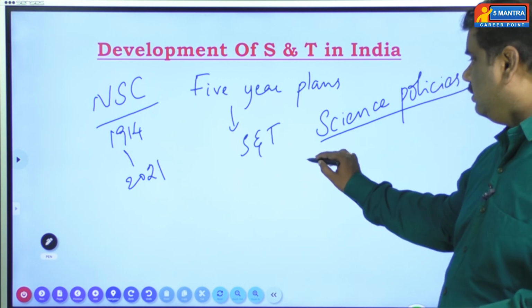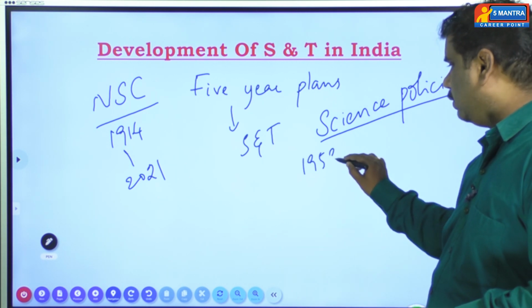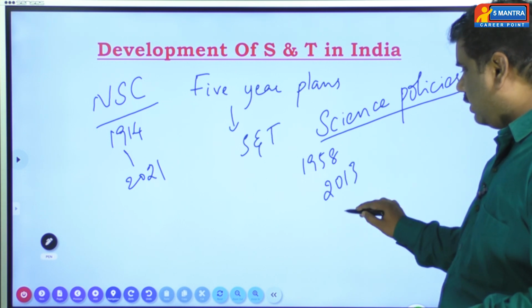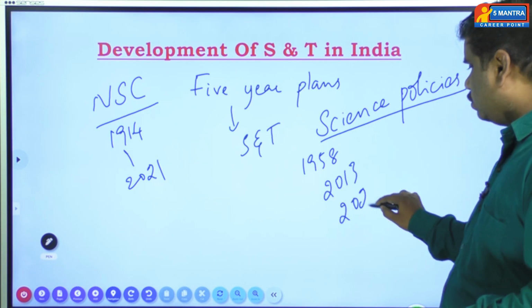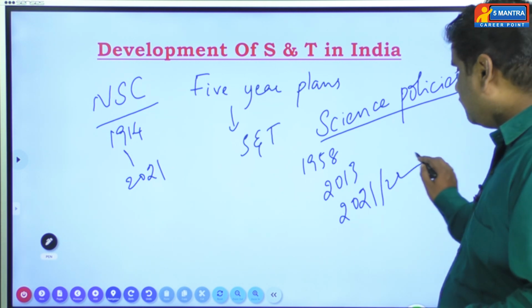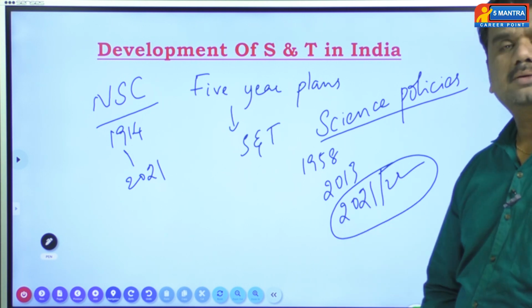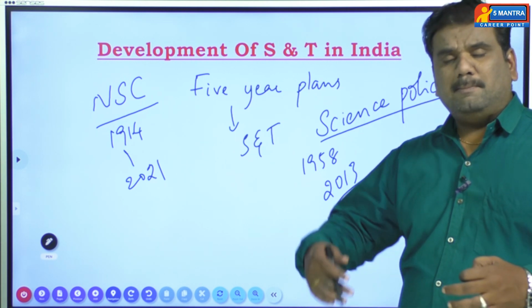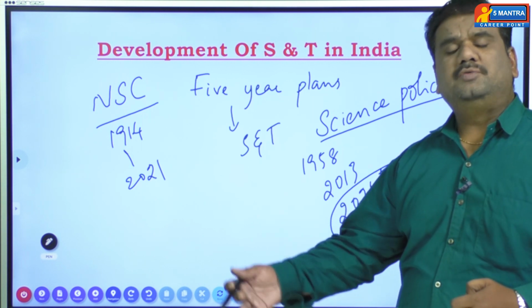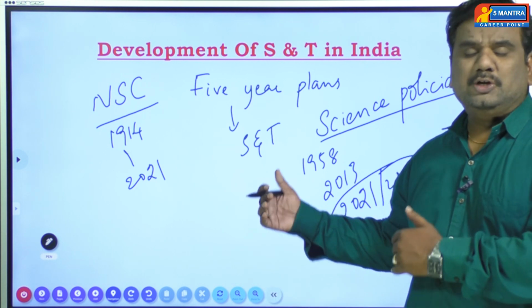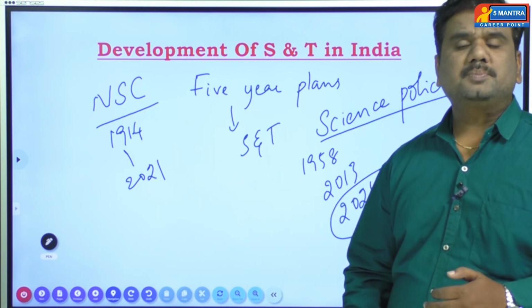Right from the 1958 science policy till the 2013 policy, or the upcoming 2021 or 2022 policy. The draft for the 2021 policy has been framed, and maybe by the end of this year, or in early 2022, the new policy may be implemented.